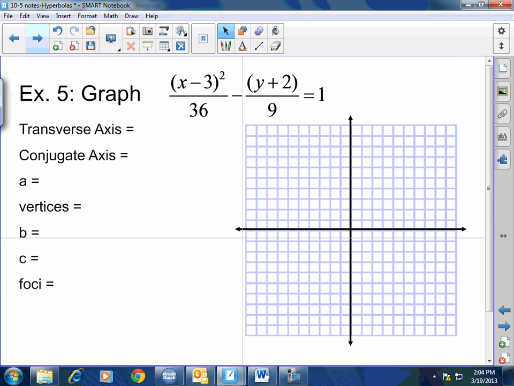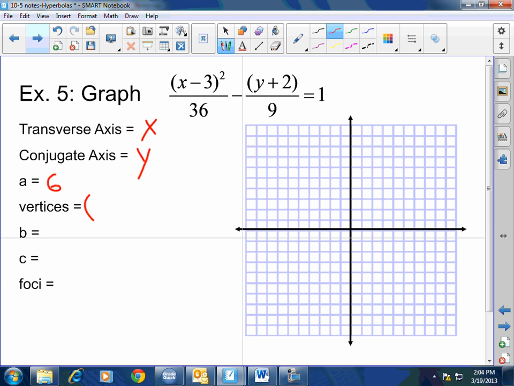Okay, graph this sucker. Do I have an X transverse is X or Y? X. The conjugate is Y. A is 6. So my vertices are 6, 0, and negative 6, 0. Maybe I should learn how to read.